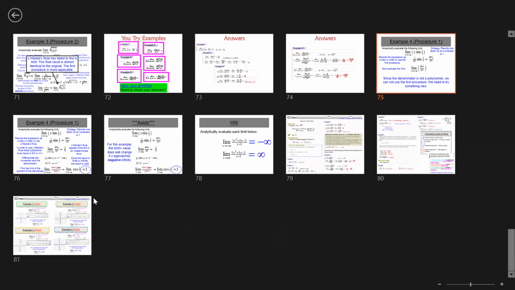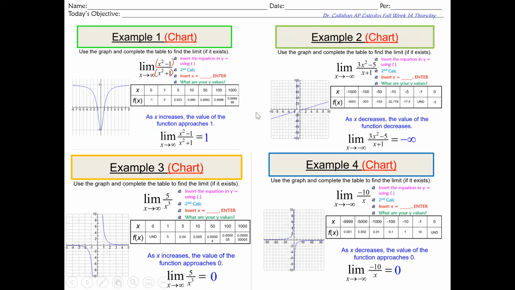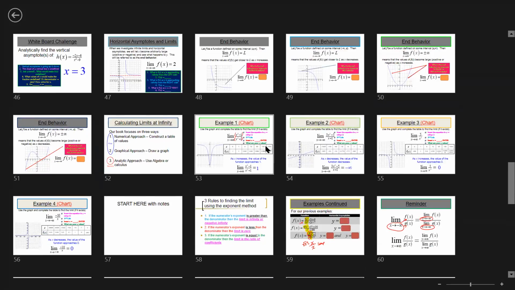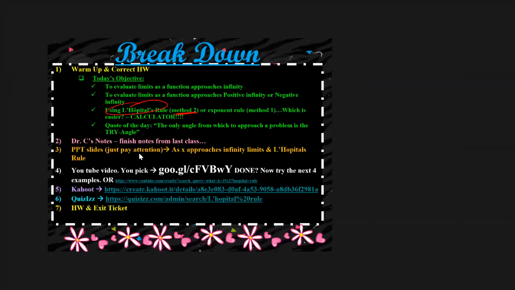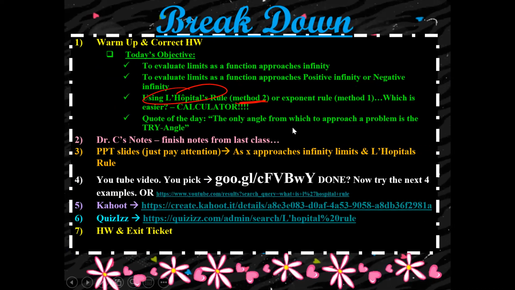All right, you guys, at this point, I would like you guys to go ahead and read the 4 examples here. So pause the video and just take a look to see how this will work if you were to actually use a chart versus just simply using the 3 horizontal asymptote rules. Okay, so now we're going to go ahead and watch a video with the 4 examples.